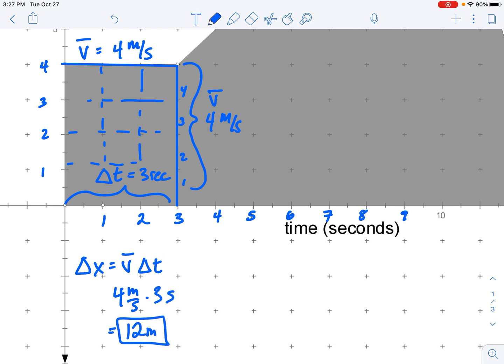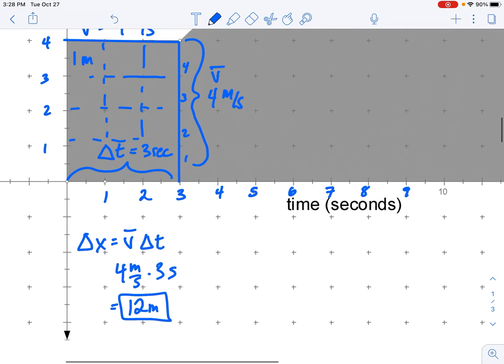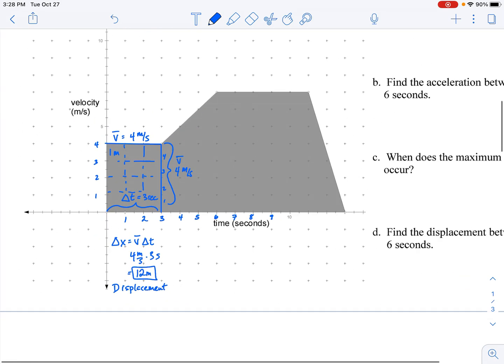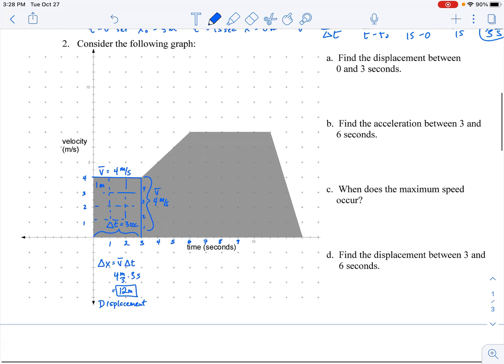And each square represents 1 meter. And the area underneath that graph represents displacement. So the displacement between 0 and 3 seconds then is 12 meters, and I showed my work over there.